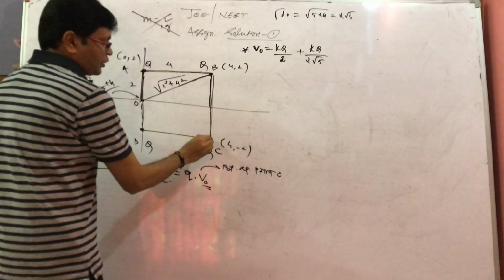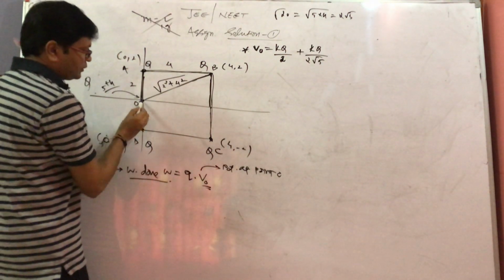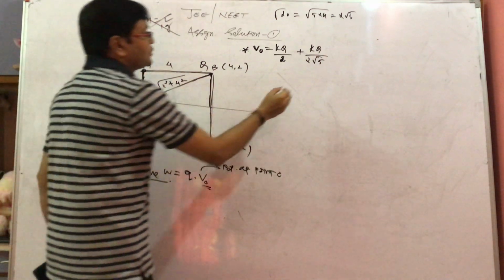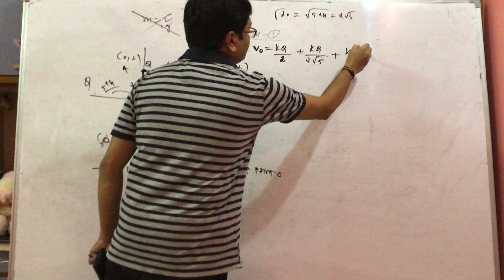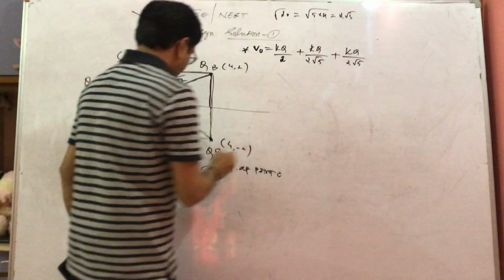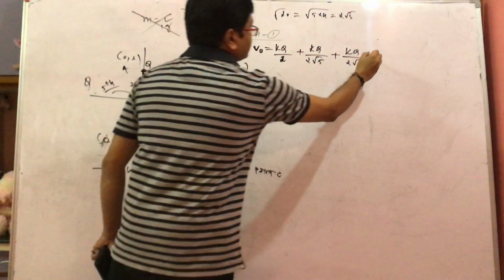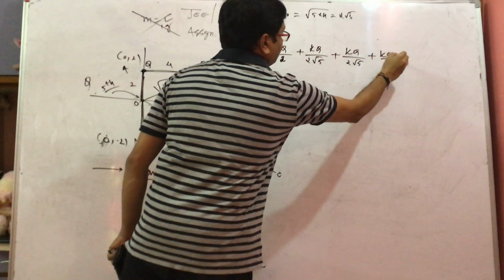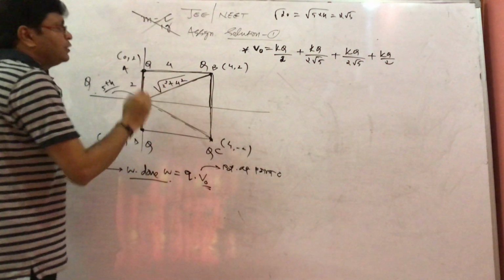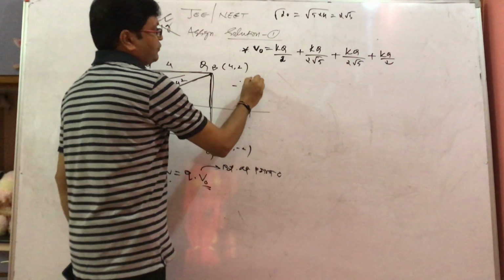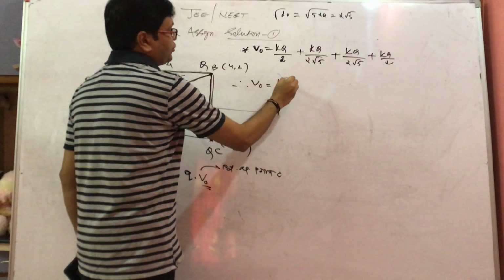Similarly, the potential produced because of the third charge, with the same distance, is also kq upon 2 root 5. Similarly, the potential due to the fourth charge is kq upon 2, as this distance is 2. So finally V naught is equal to kq common.